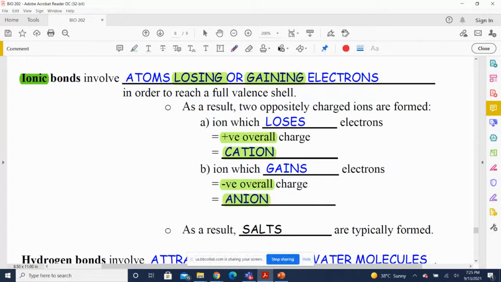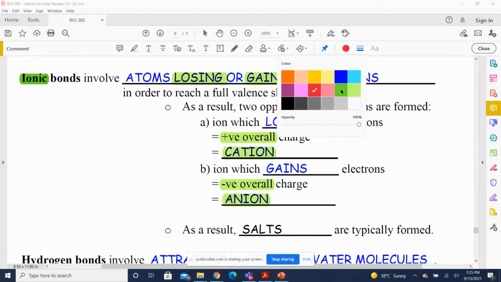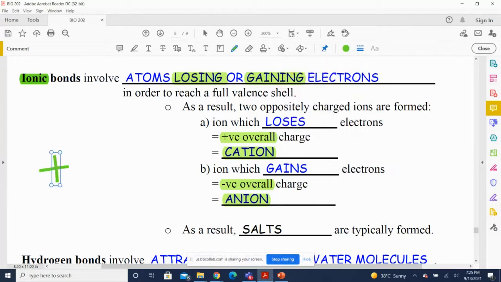Well, what we learned in this class, if nothing else, was that positives attract negatives and negatives attract positives. So opposites attract each other, and as a result of this overall positive and negative charge difference, these atoms end up packing next to each other.